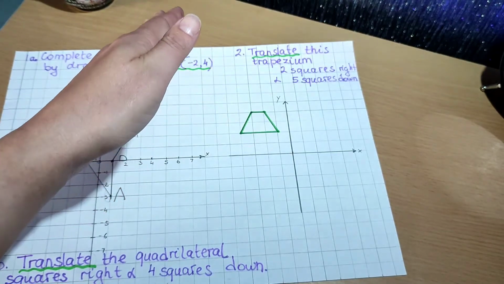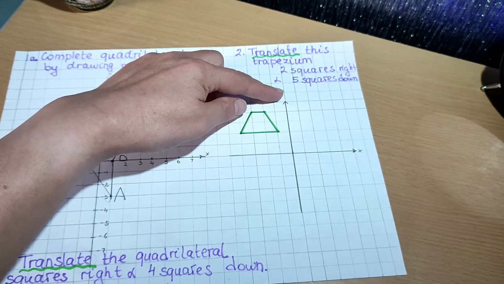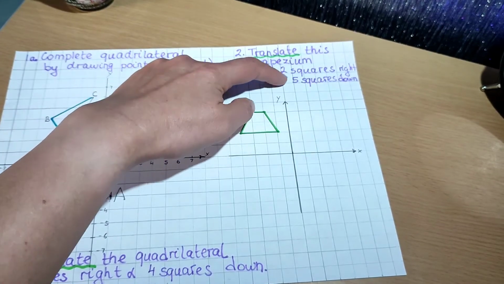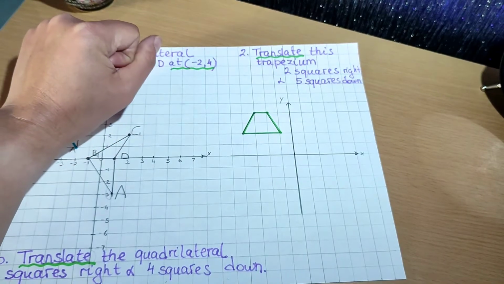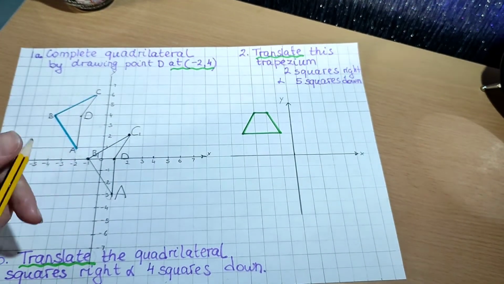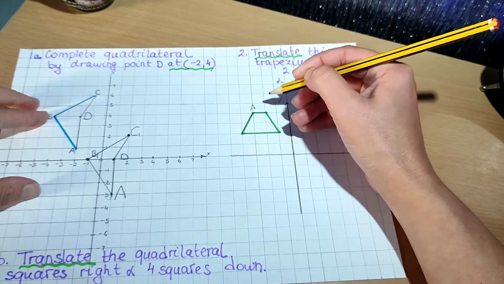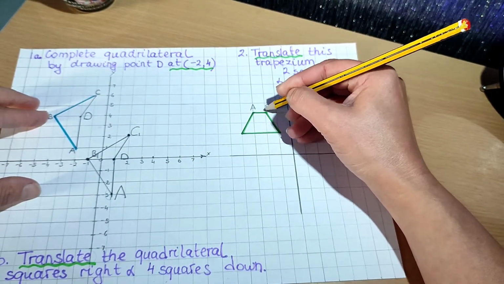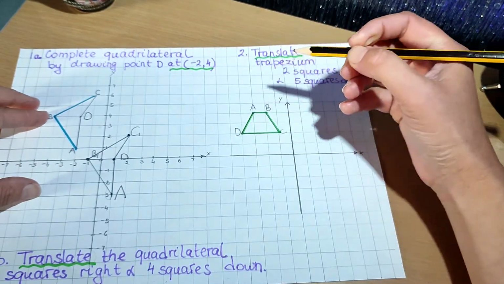They're not going to say move it up or down. But let's make it more complicated for ourselves. So to help ourselves, let's name every single vertex, give it a letter.